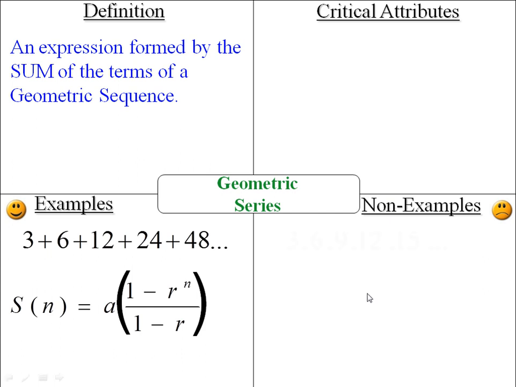Non-examples given are 3, 6, 9, 12, 15. All right, look at it. 3, 6, 9, 12, 15. All right, turn to whomever is there with you and let them know why this is not a geometric series.